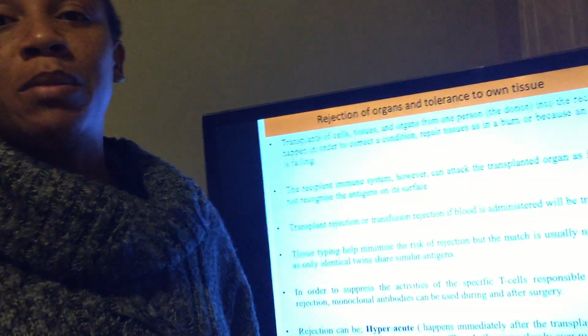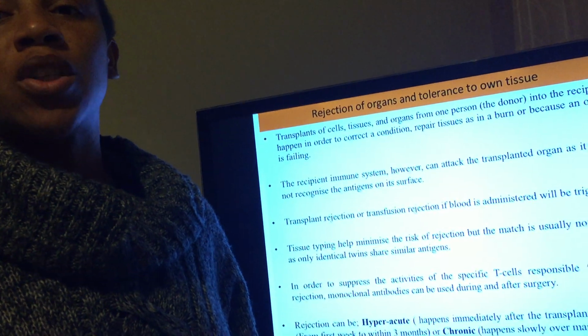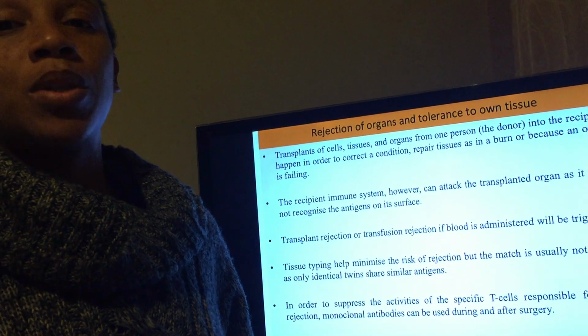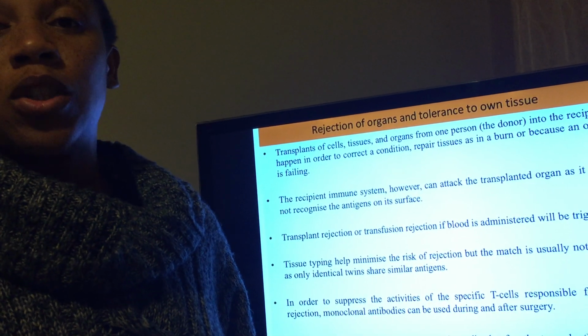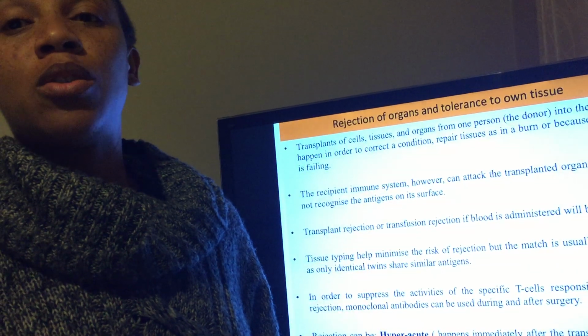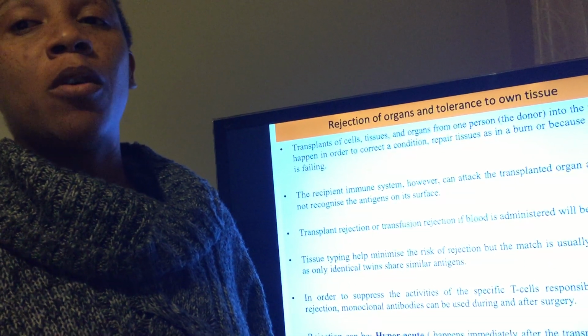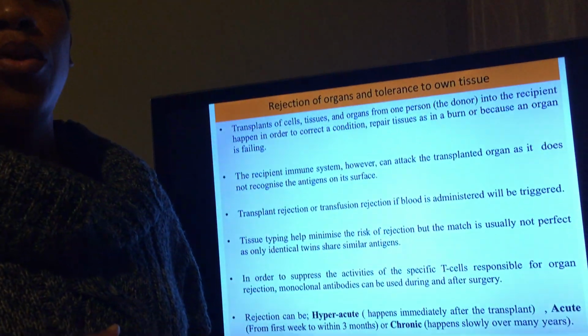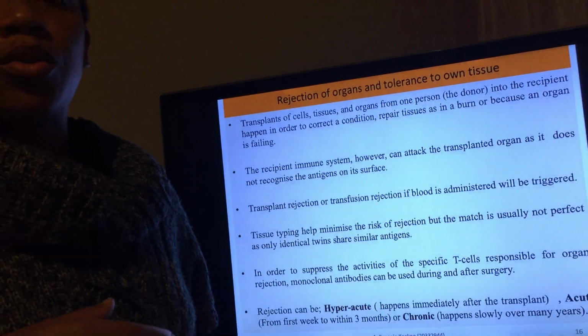Tissue typing helps minimize the risk of rejection, but the match is usually not perfect because only identical twins share similar antigens. In order to suppress the activity of a specific T cell responsible for organ rejection, monoclonal antibodies can be used during and after surgery.